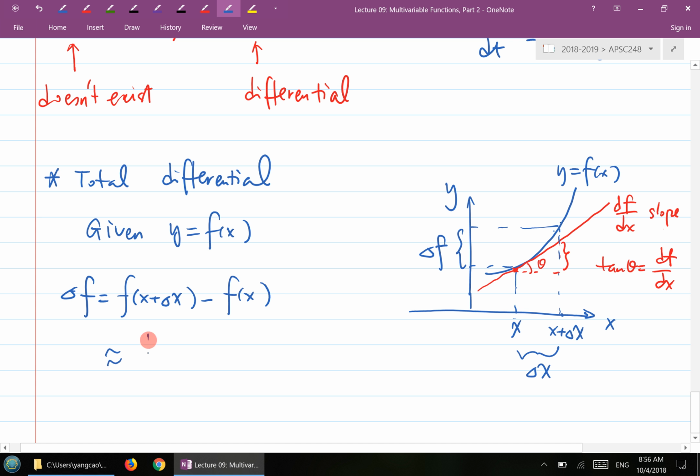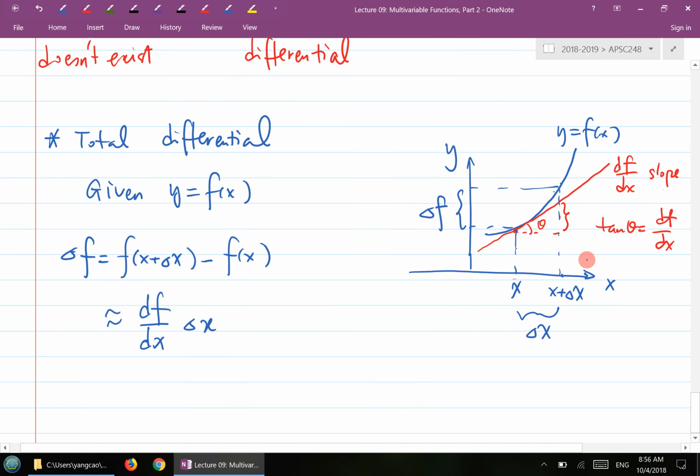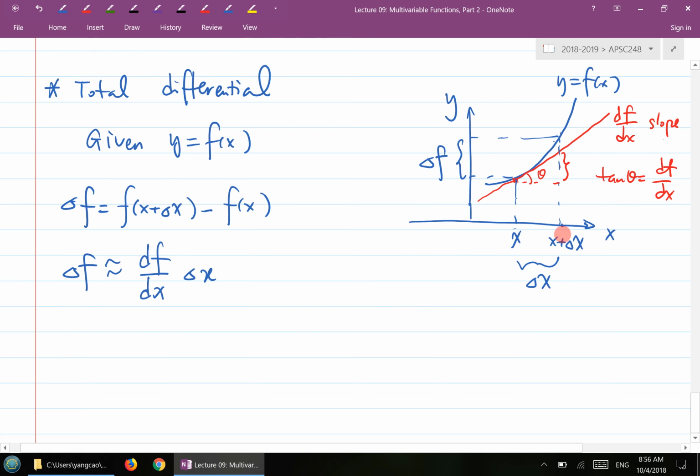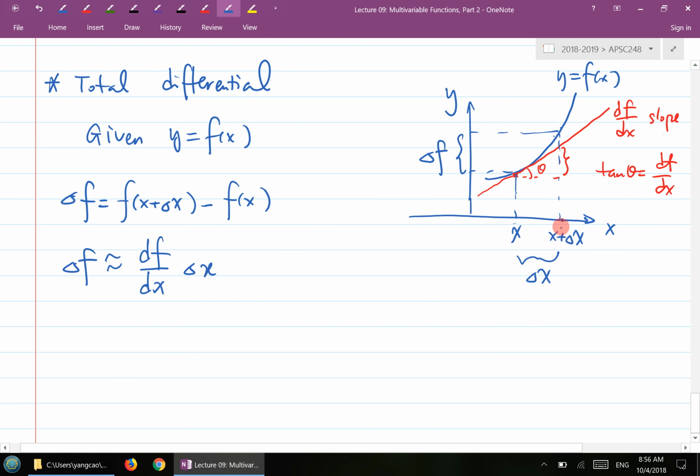That basically gives you tangent theta, which is df over dx times delta x. So that gives me an approximate change for delta f here. It's all good?